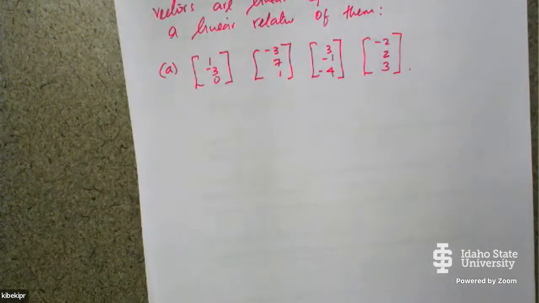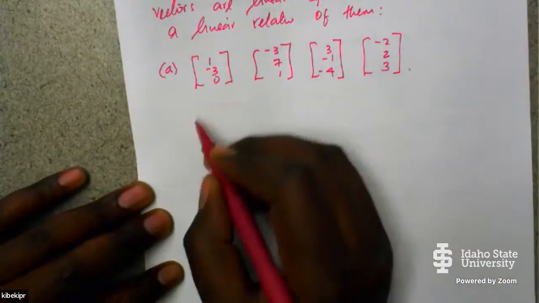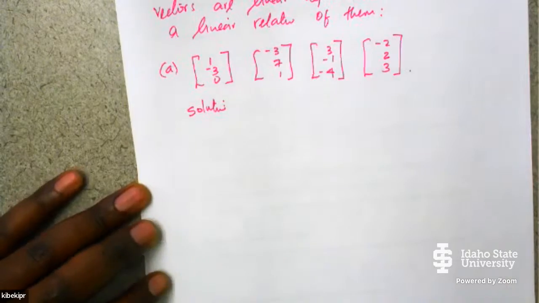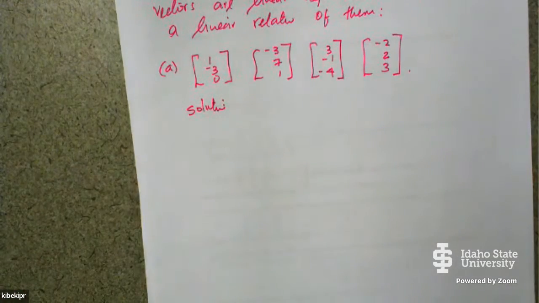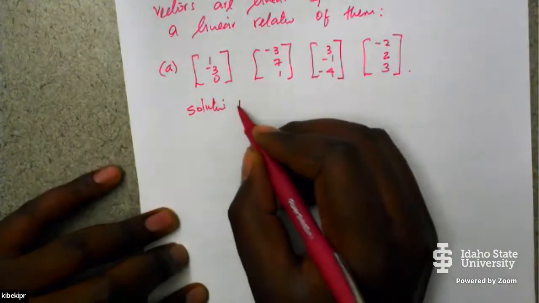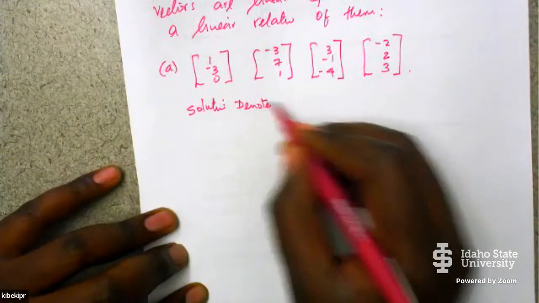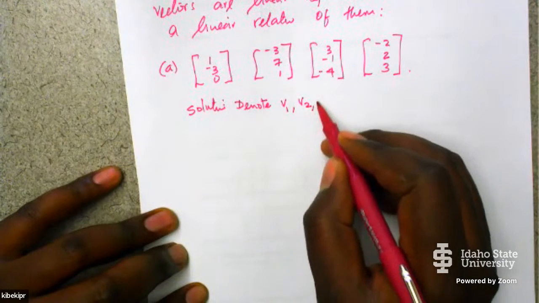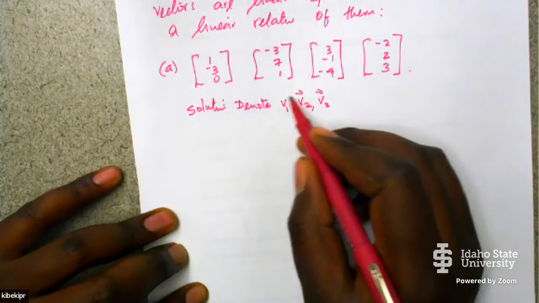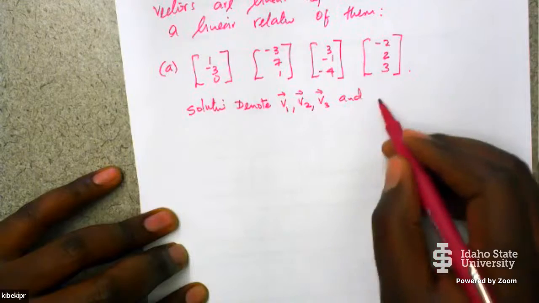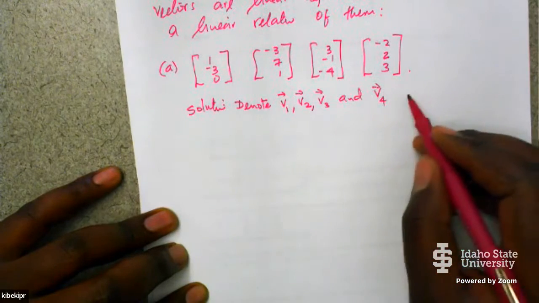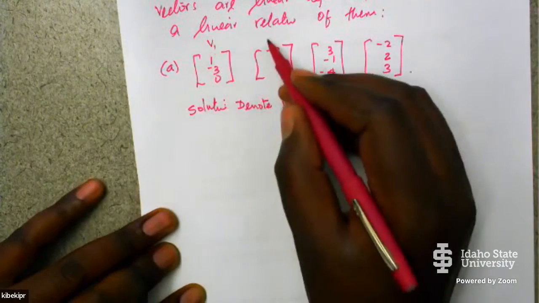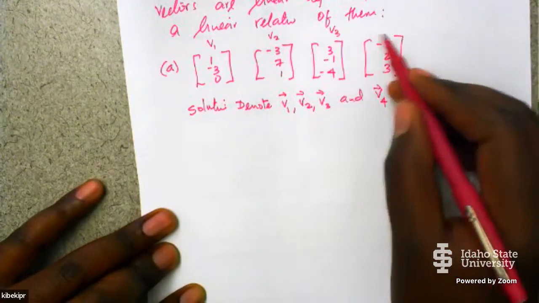Solution. What we need to do is denote these vectors as V1, V2, V3, and V4.